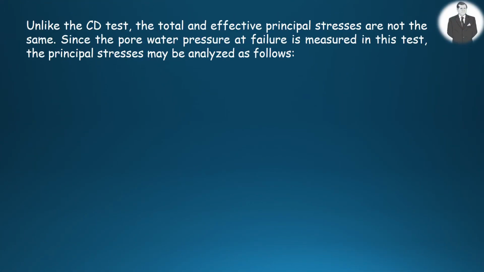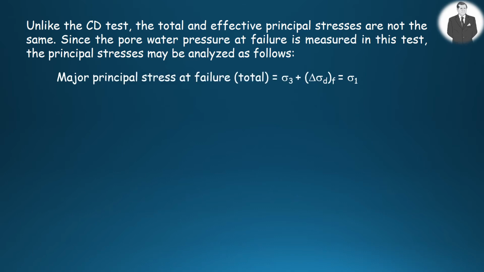In contrast to CD test, the total and effective principal stresses are not the same in CU test. Since the pore water pressure at failure is measured in this test, the principal stresses may be analyzed as follows.